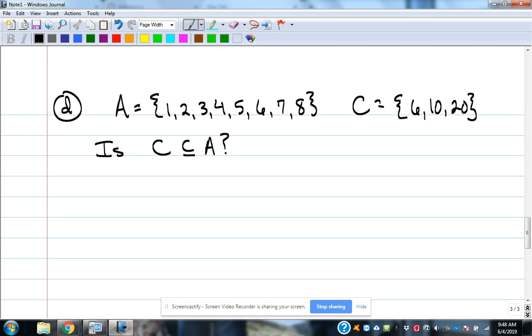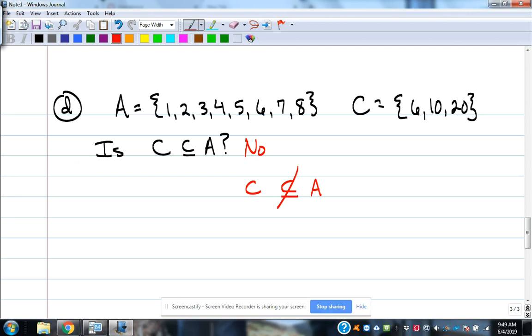So, is C a subset of A? No, because we've got 6. It is part of it, but 6 is only part of the set C. It's also got 10 and 20. Both of those are not in A, so there's no way that the set C is part of set A. So this is definitely not. The notation that you could use to say that would be C is not a subset. So the way to say not a subset is just the subset symbol with a slash through it.